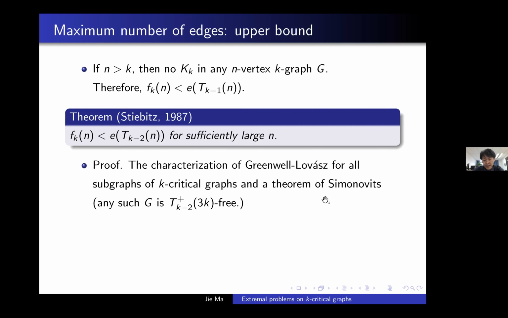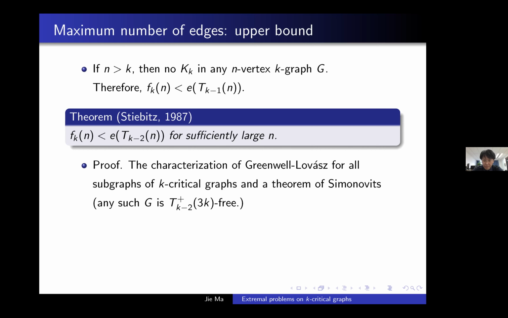And here is his proof. He is using the characterization of Greenwell and Lovász for all subgraphs of k-critical graphs. What I mean is that I define a family of graphs. This family contains all subgraphs of all k-critical graphs, and they give a structural characterization for this family.